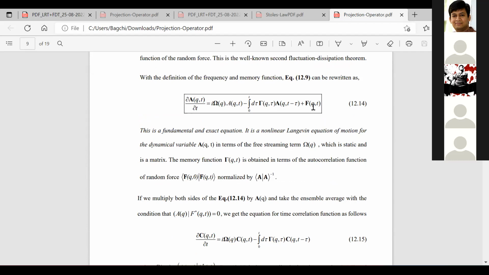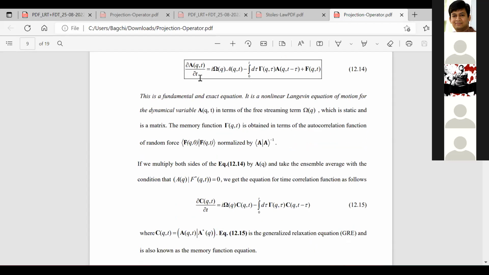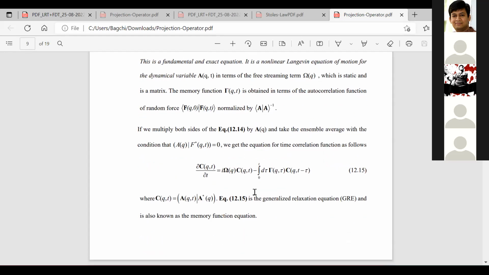It is the Langevin equation, and the force is the dissipation equation. So this is the nonlinear Langevin equation, people call it. This is also called the relaxation equation. And this can then be trivially transformed by multiplying by A minus Q, and you get this equation of the time correlation function.